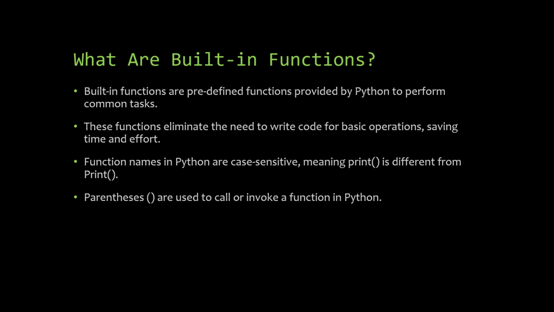So if you use a capital P instead of a lowercase p, it's going to throw an error message. You'll also find that we have parentheses after these. We're not going to go into it today, but each one of these is a function, and Python always needs parentheses at the end of a function. So when we do print, we're always going to include parentheses, even if we don't put anything in those parentheses, because it is a function.